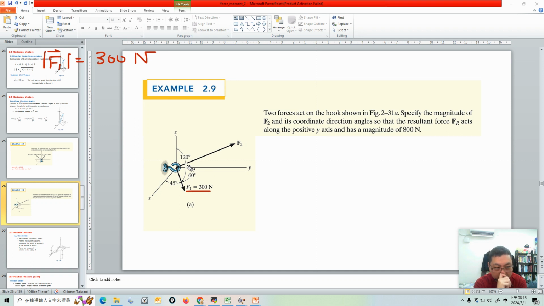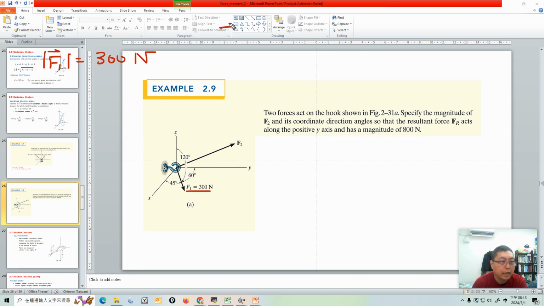It just gives you alpha, beta, gamma. That means it gives you the direction cosines. If you have the direction cosines and the magnitude of the force, you can get the force vector, right? Do you remember?